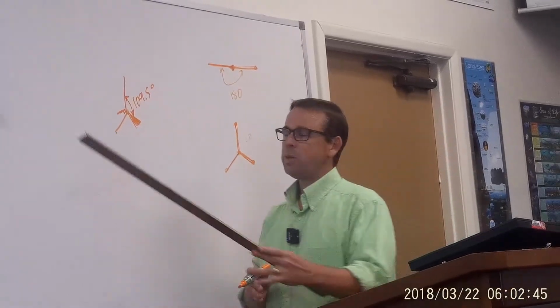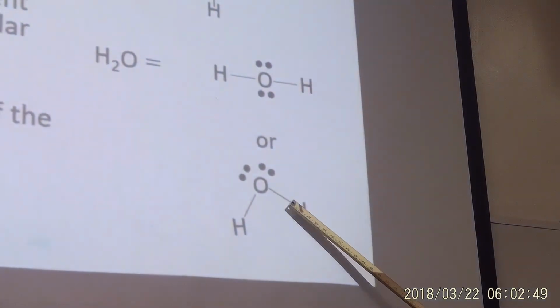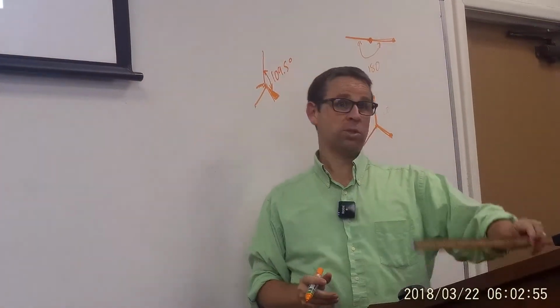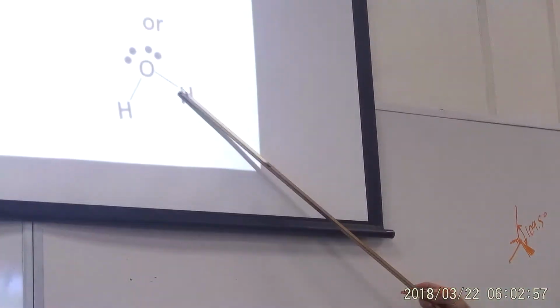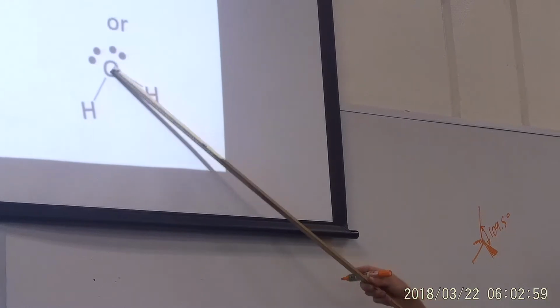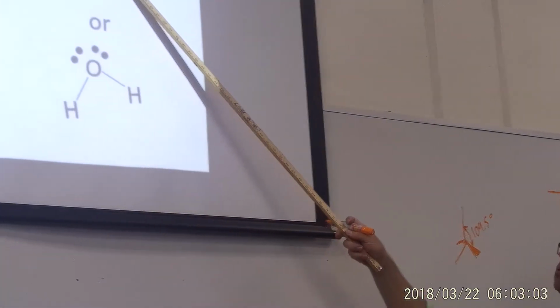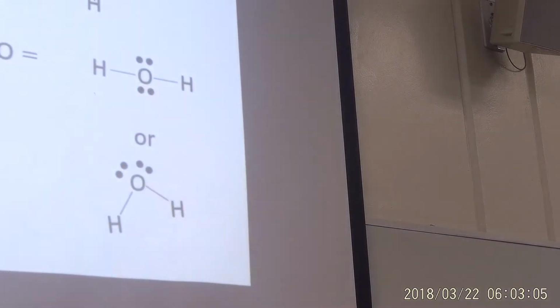So from this, we can say that these 4 regions push all of these regions away from each other at 109.5 degrees. And so we can say that the angle between the hydrogen-oxygen bonds in water is 109.5. How about here? Still 109.5. Right? Why does it look like 180 there?